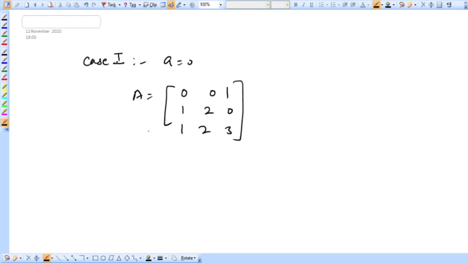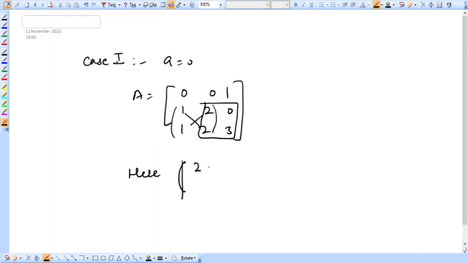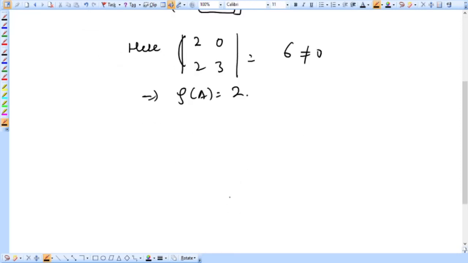Here if you take this minor, it is 0, but we can find some minor in this case which is not equal to 0, and this minor is the determinant of 2 0, 2 3, which is equal to 6, which is not equal to 0. This implies the rank of A is equal to 2.